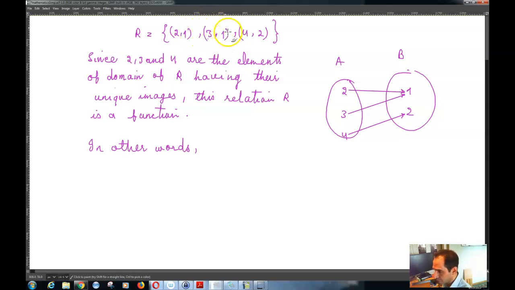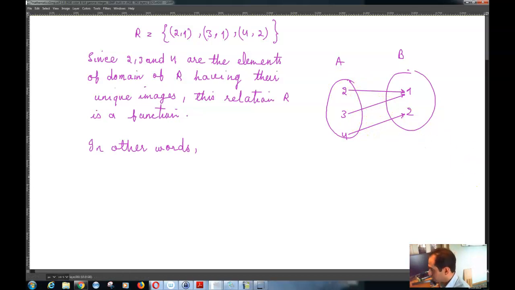Now here you see you have distinct pairs in f, and they do not have the same first elements. The second elements of two of these pairs are of course the same, but the first elements are not the same. And so you can call this a function.